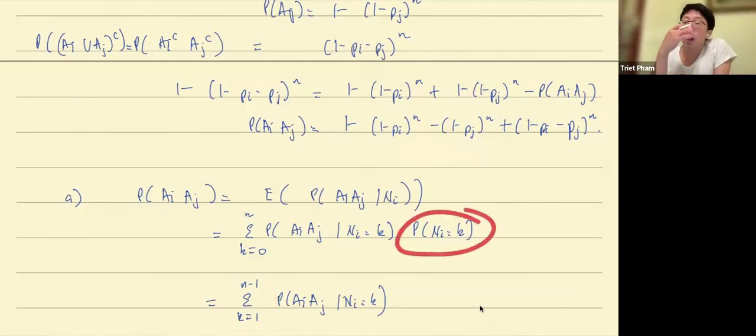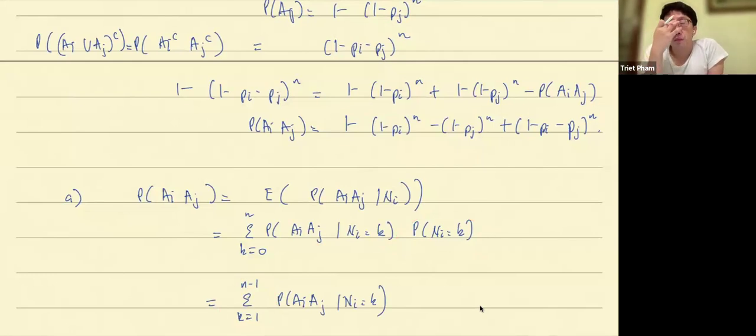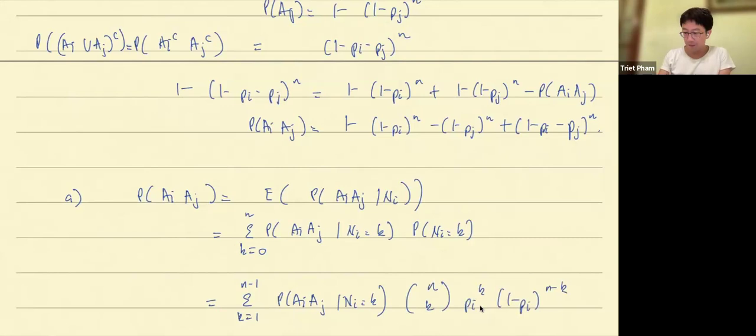What about Ni equals k? Well, each coupon is of type I with probability pi. So this is going to be a binomial random variable. So the only thing left is to work out what this is, and we're done.